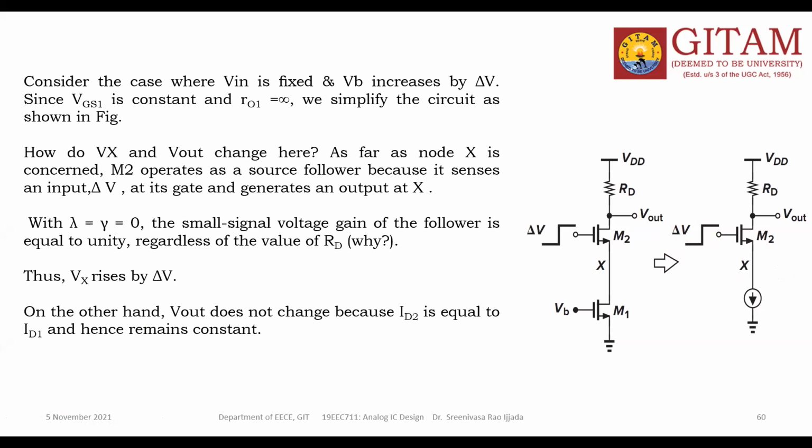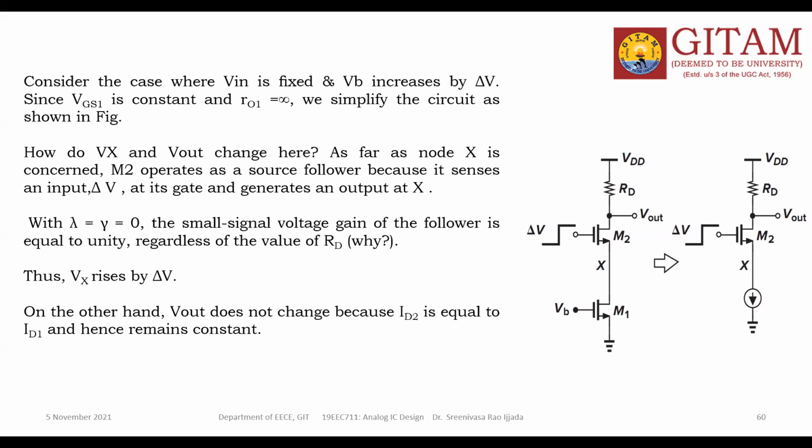Output won't change. Whatever the earlier output you have for the fixed input voltage, you will get the same voltage, no change. But at X, you will find the corresponding changes. Two things you can observe.